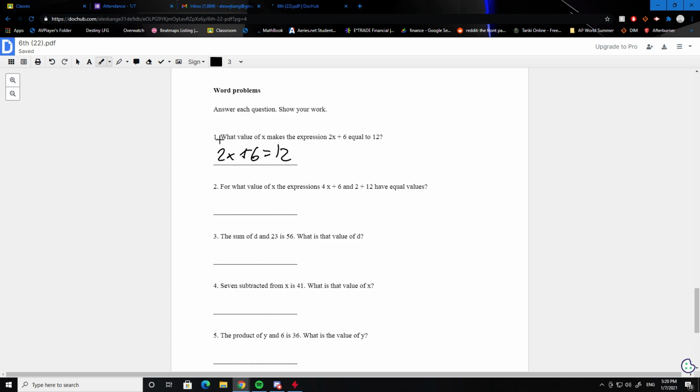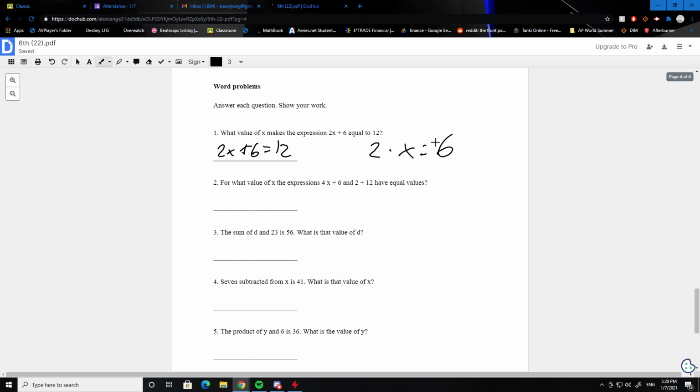So you have to make 6 from this 2 times x. What does 2 times x have to be to become 6? It has to be 3, right? So 2 times 3 is 6, plus 6, 6 plus 6 is 12. So that makes the equation true.